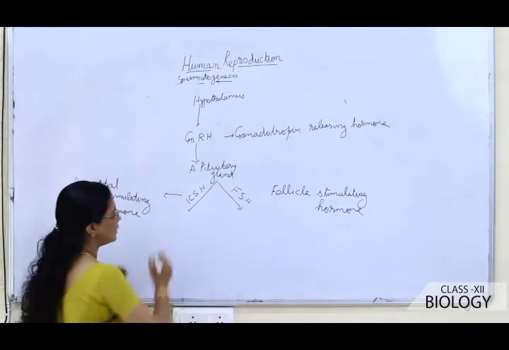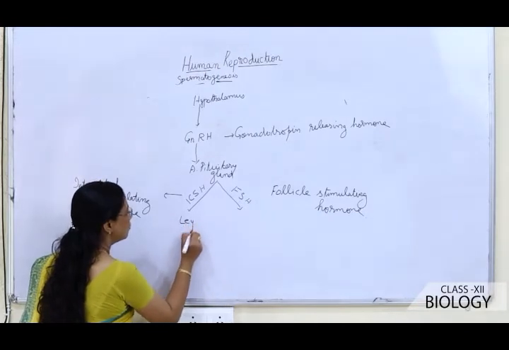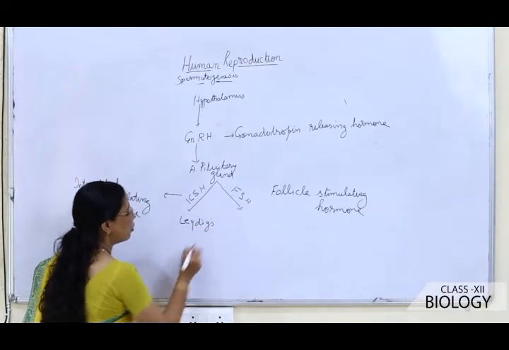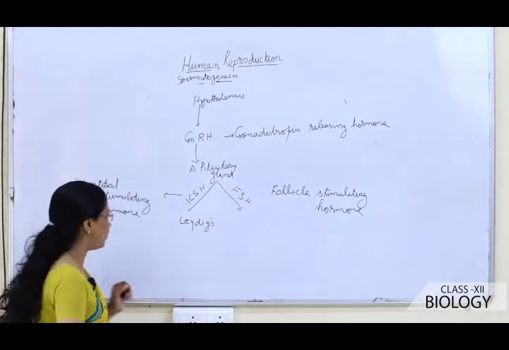Okay, this ICSH stimulates Leydig cells. Where are these Leydig cells located? Leydig cells, or interstitial cells, are located outside the seminiferous tubule.